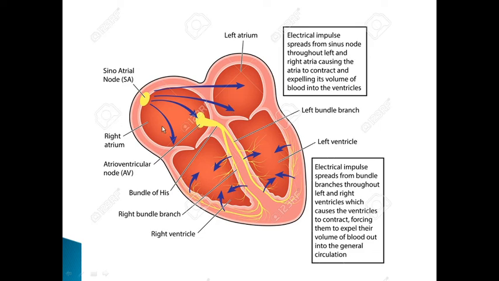The second step, these electrical impulses reach the atrioventricular node. Can you see? The impulse from the SA node goes to the AV node here.